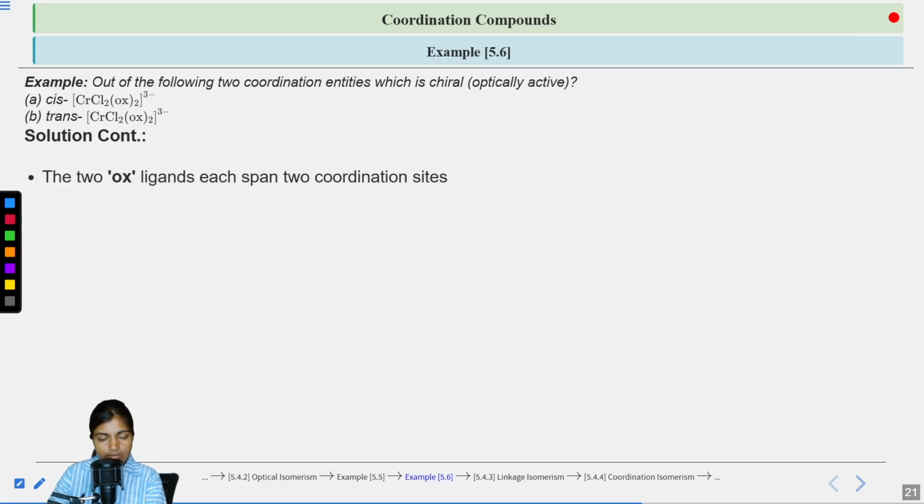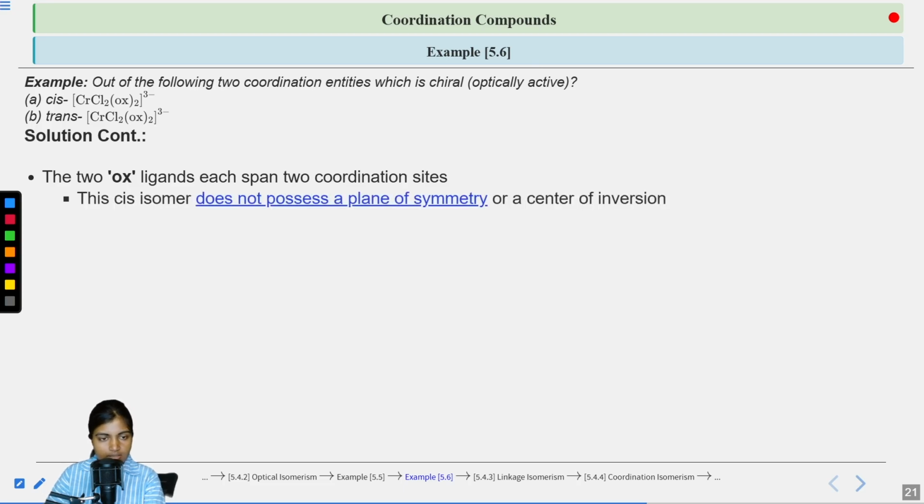The two oxalate, the bidentate ligands, each span two coordination sites, the remaining sites. And this cis isomer does not possess a plane of symmetry or a center of inversion. Both types of symmetry are not going to be present in this cis isomer. So a plane of symmetry will not be present.